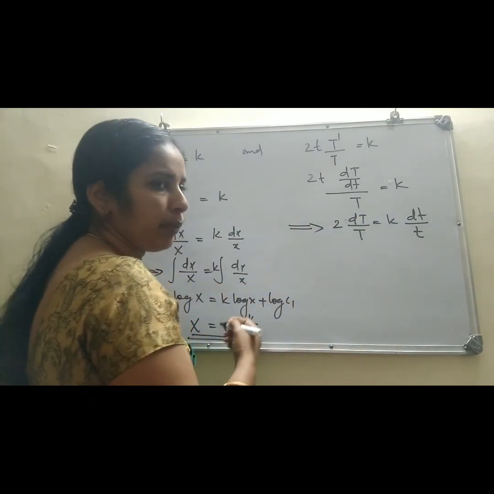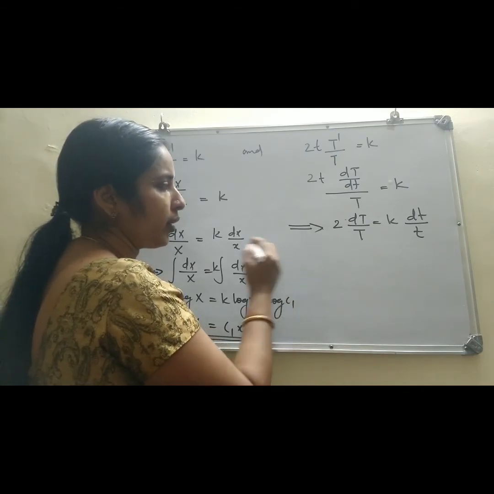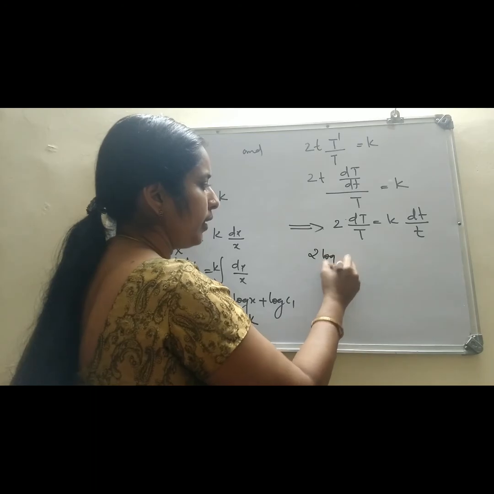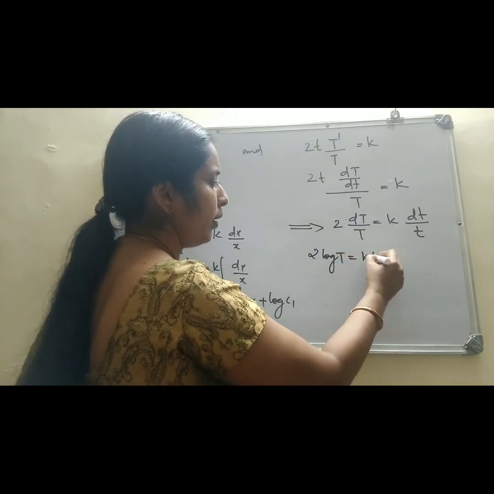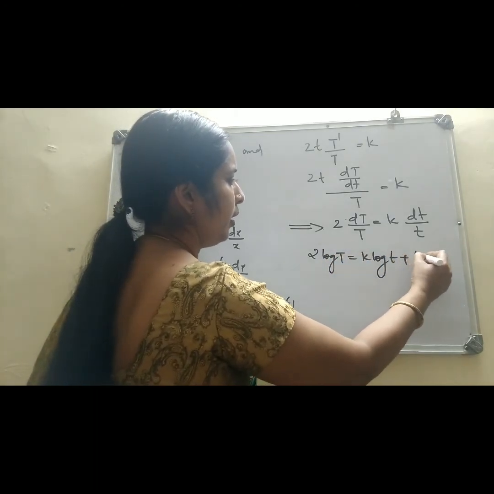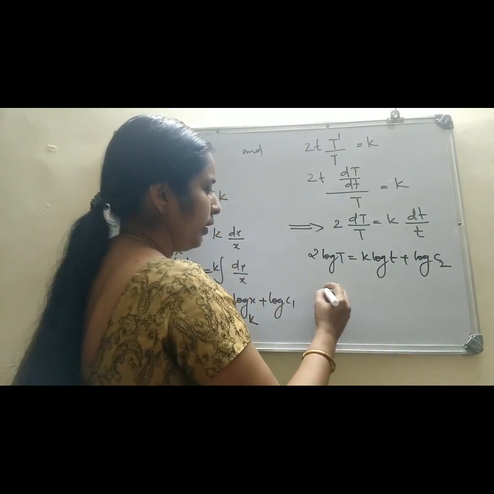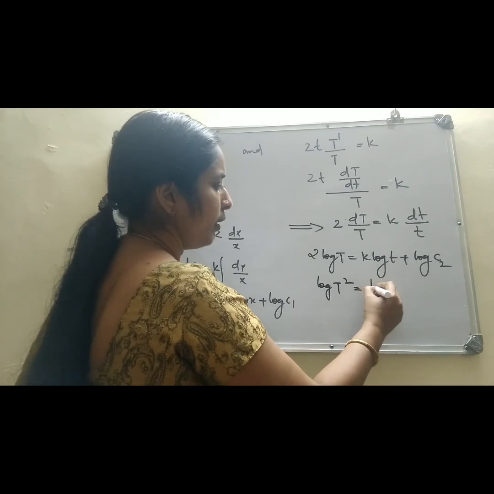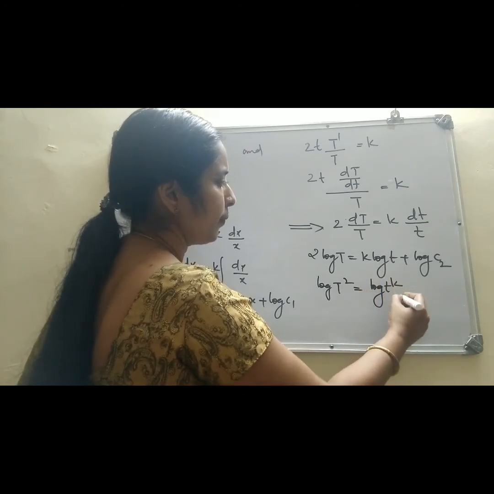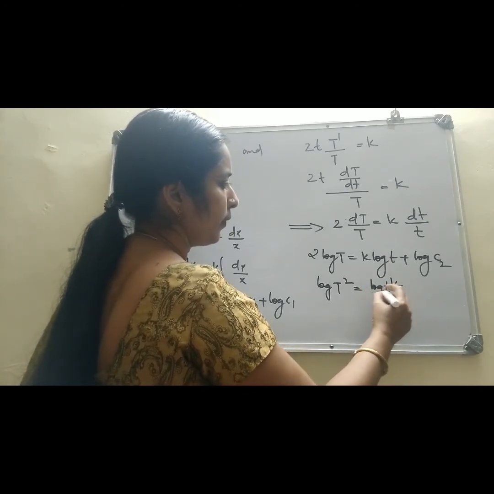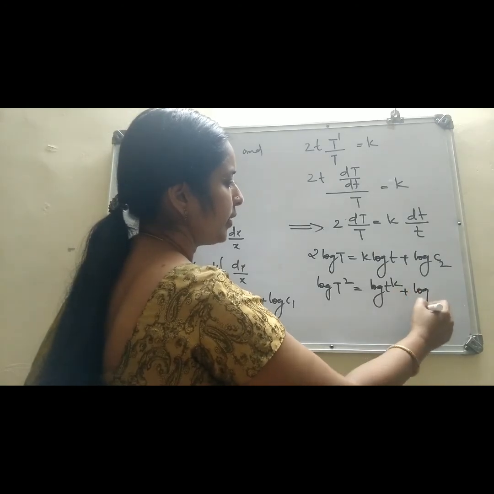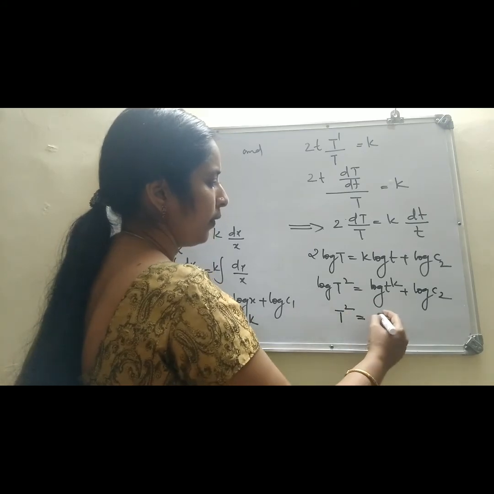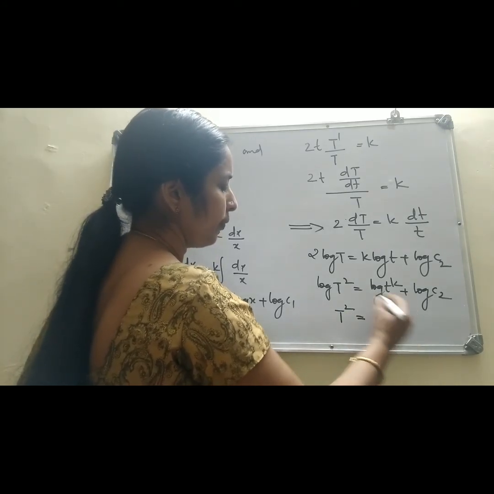See, it is in variable separable form. So by direct integration you will get the solution. That is 2 log T is equal to k log t plus log c2. That is log T square is equal to log t raised to k plus log c2. That is T square is equal to c2 t raised to k.